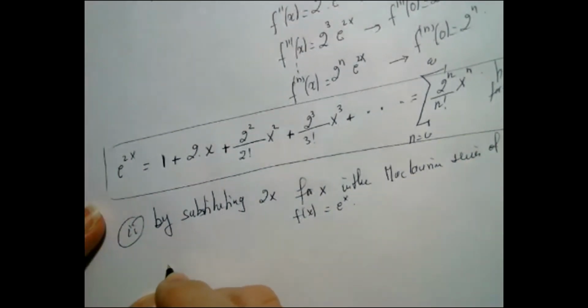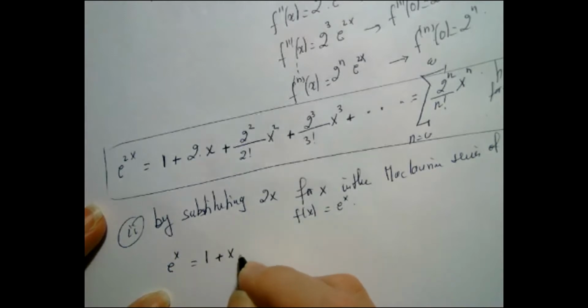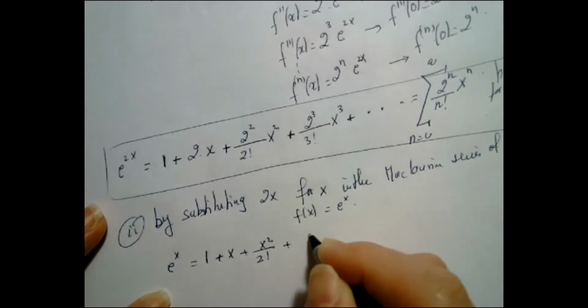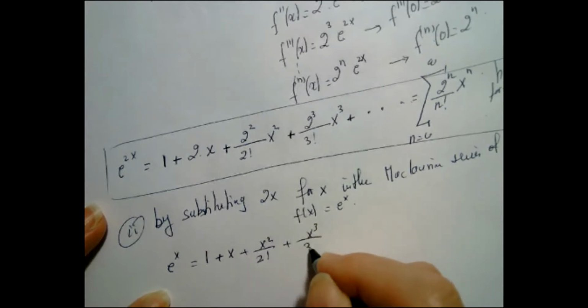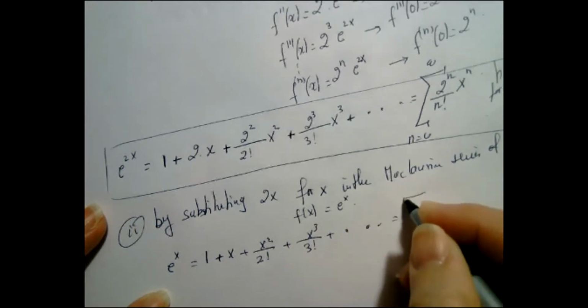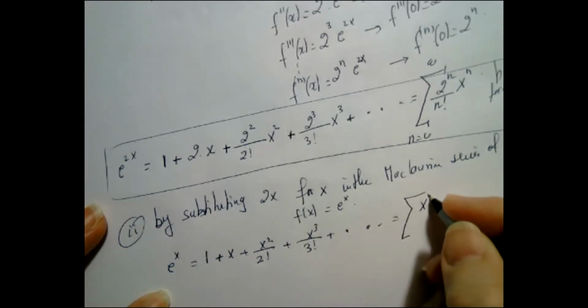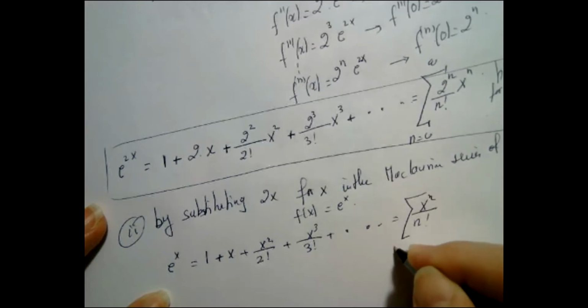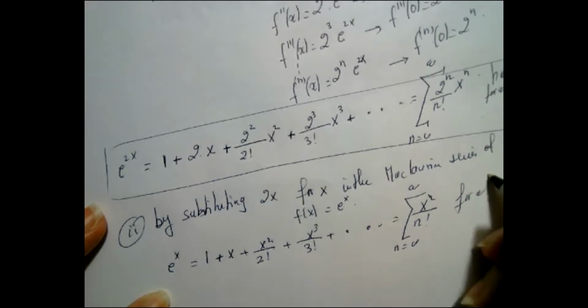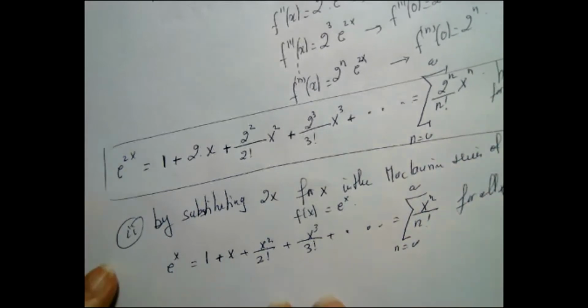So let's do that. e to the x is 1 plus x plus x squared over 2 factorial plus x cubed over 3 factorial plus etc. And it's sigma of x to the n over n factorial, n equals 0 to infinity. And this holds for all x. And we proved that.